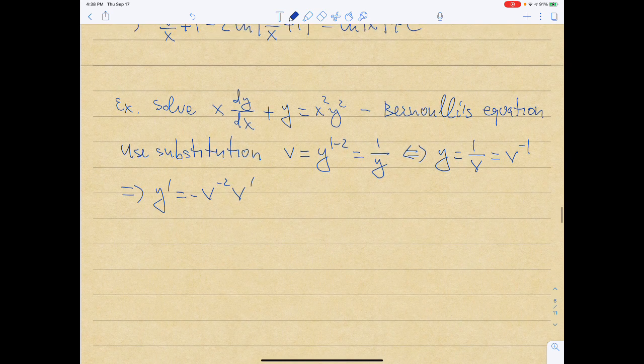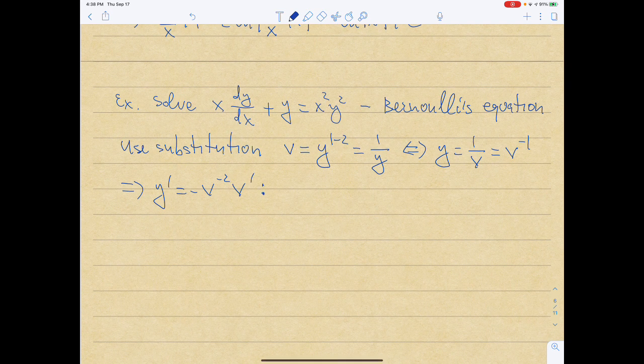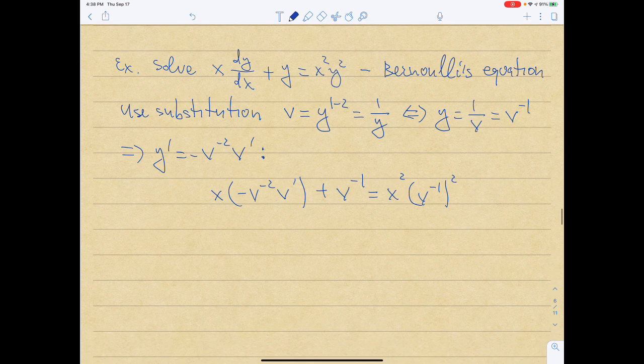So now I'm ready to substitute. I have x times y prime, minus v to the minus 2 v prime, plus y, which is v to the negative 1, equal to x squared times y squared. y is v to the negative 1 squared.